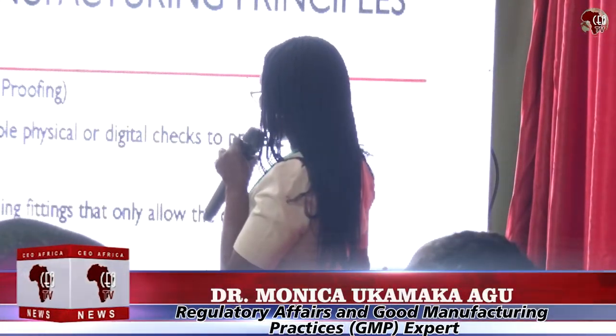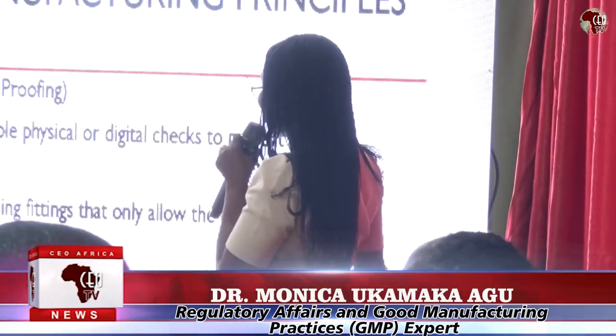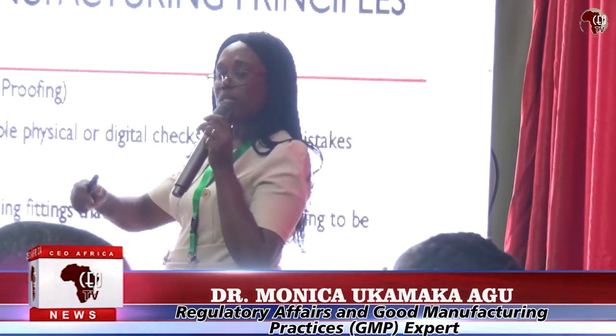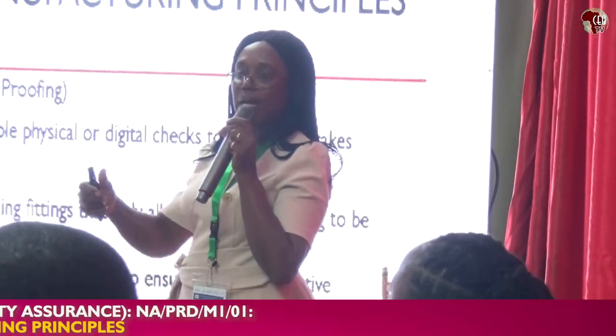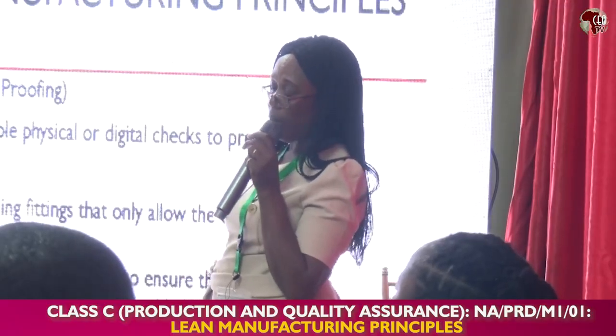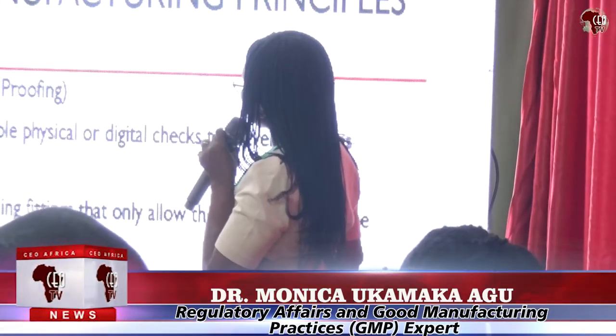Then the digital one could be using barcode scanners, for instance to ensure correct active pharmaceutical ingredients are added in the mix. So if you label the drums with barcodes, you use the scanner and you're sure that you're doing the right thing, so that you don't take the wrong granules for compression. Next slide.